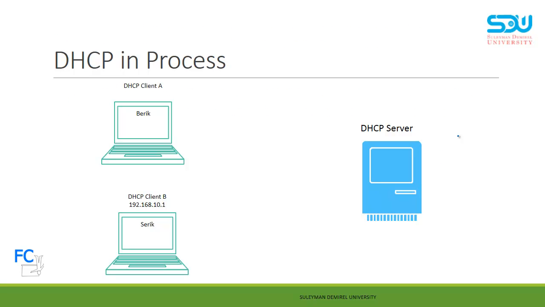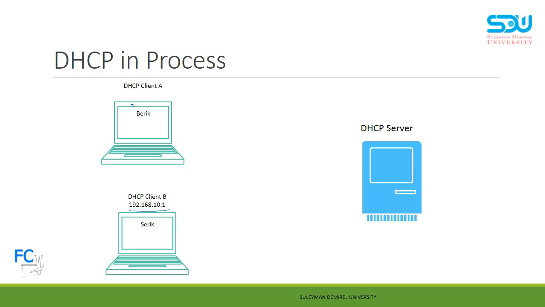Now let's take a look at this process of DHCP through an example. We have two clients, Beric's computer and Seric's computer, in which Seric's computer has an IP address. Let's say we gave this IP address, or if it is a DHCP client, then it took it automatically. But Beric's computer doesn't have an IP address.